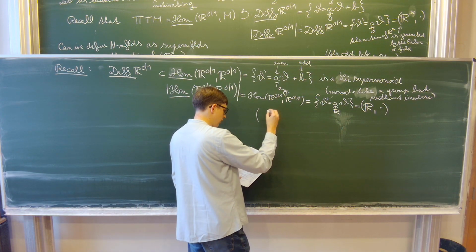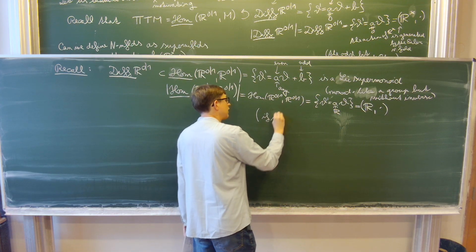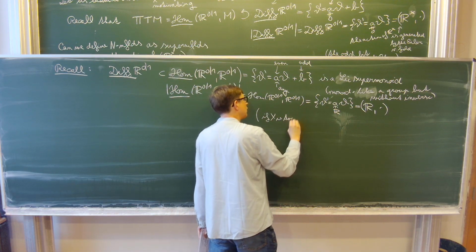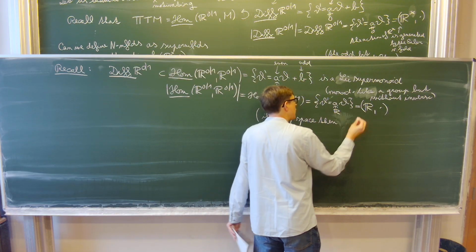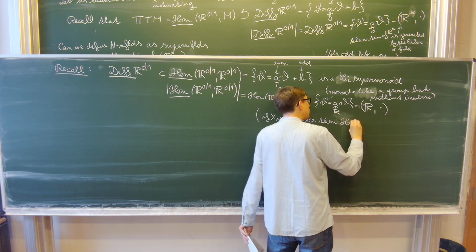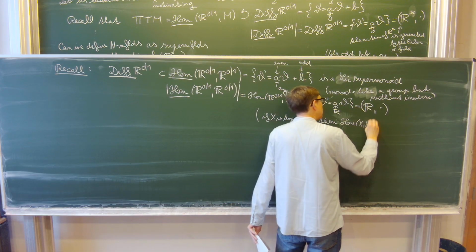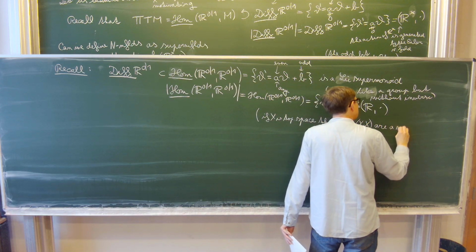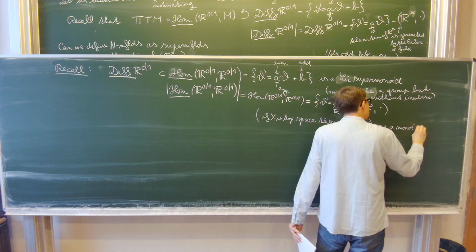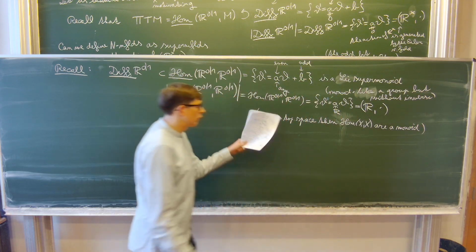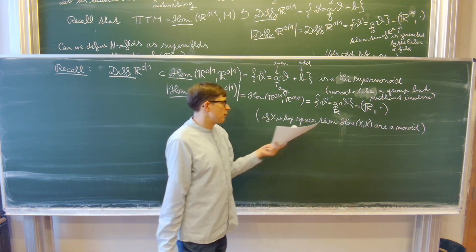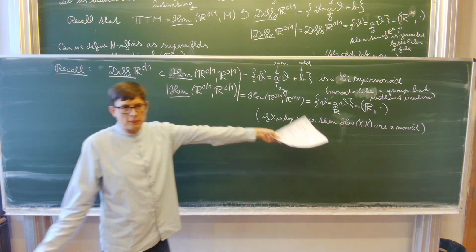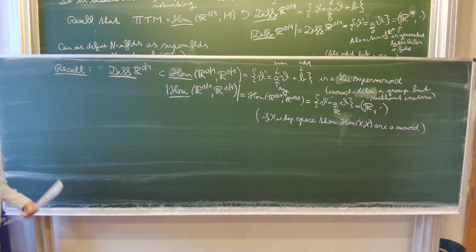So if X is a topological space, then maps from X to X are a monoid. This is what I'm generalizing to the superset. Or in fact, it doesn't have to be topological, so any category. If you have a category and look at maps from an object to itself, this is always a monoid.